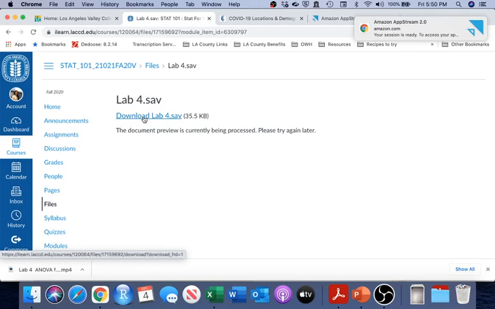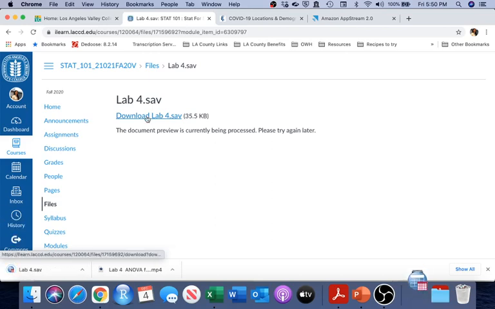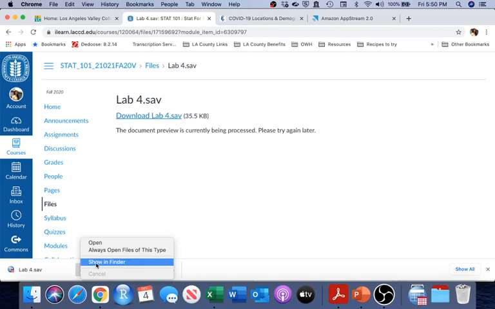You download it to your computer, and then you're able to re-upload it. So when you download, I'm going to just download it. Mine saves in my downloads, but if you see this bar here, you can show it in wherever it is. Sorry, I have a Mac, but if you have a PC, you can sometimes save in a different spot. So you'll just be able to download it.